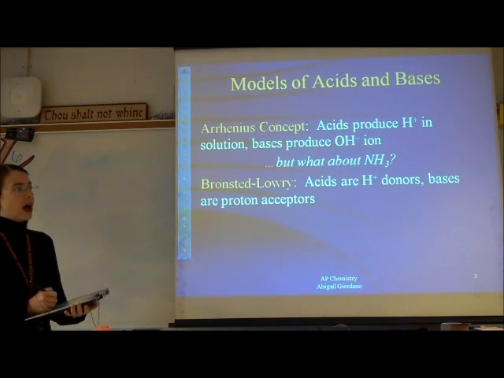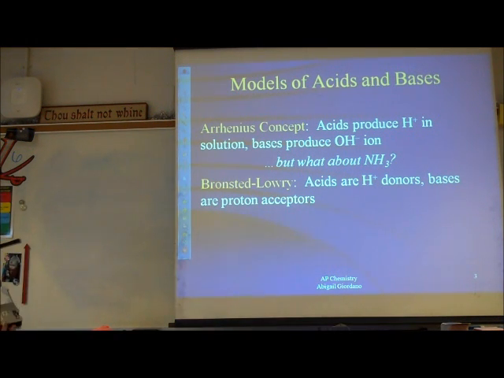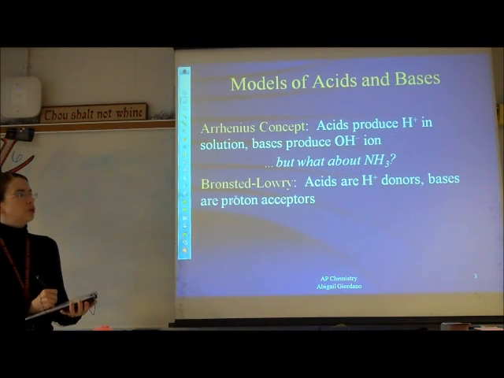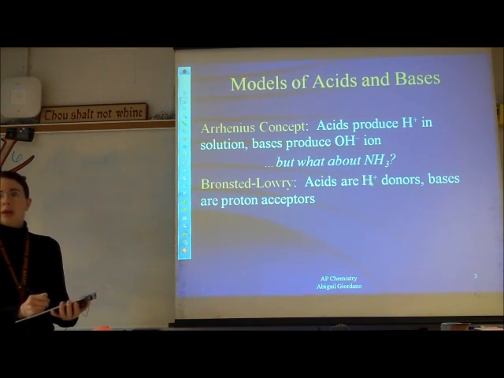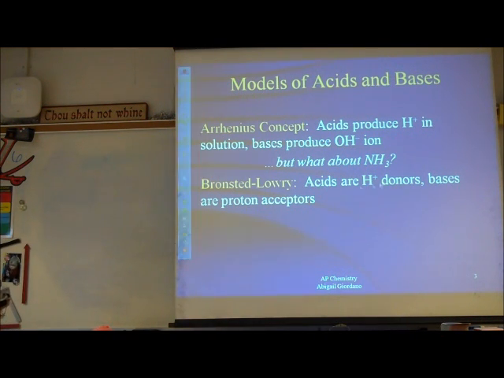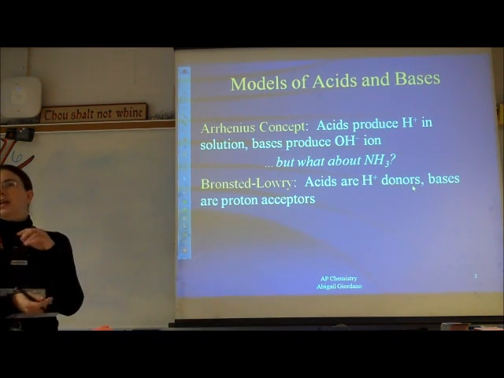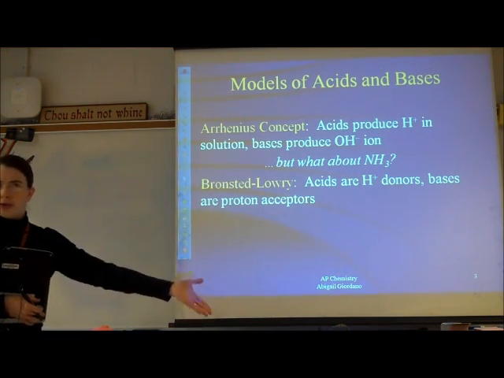So folks, a hydrogen ion is nothing more than a proton. Sometimes you will see these things used interchangeably. Sometimes acids are defined as hydrogen ion donors, sometimes as proton donors.